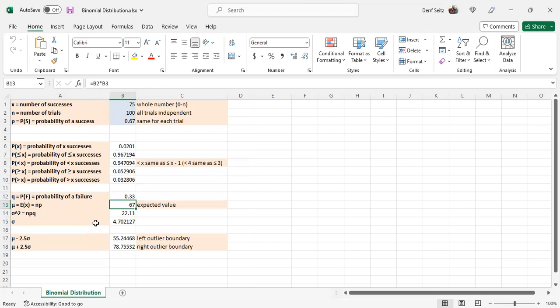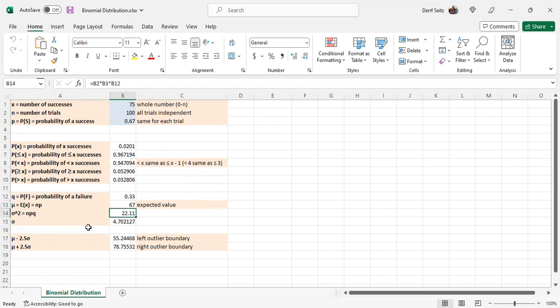That's another very intuitive name for the mean of this distribution, and for these distributions it's n times p, and that's the formula that's used to calculate this value, 67 being the expected value with these parameters n and p for this distribution.